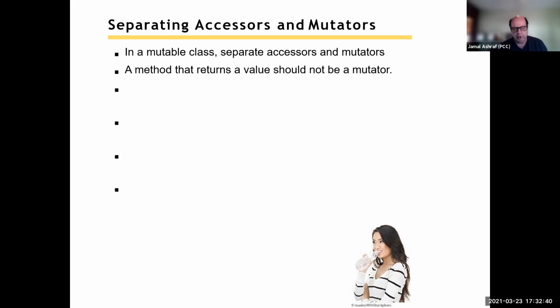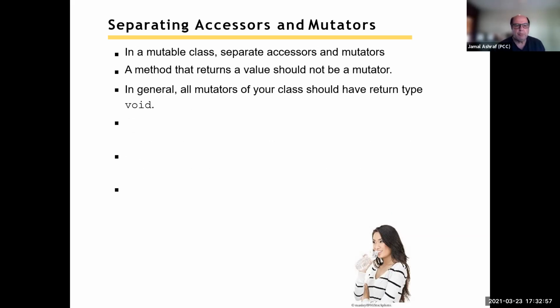The mutator's job is to modify the content of the class, which is generally the instance variables. And our accessors are the one that's going to return something from my class. So this is most of the time. I'm not saying it's 100% of the time, but that's the goal that we're going to be working on.